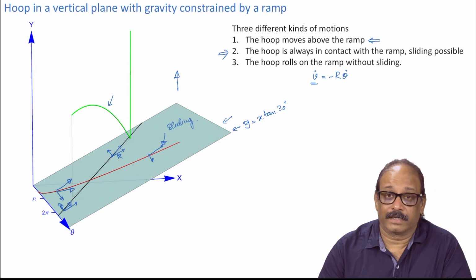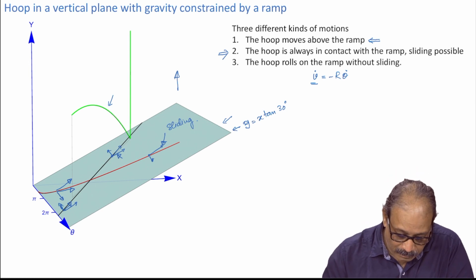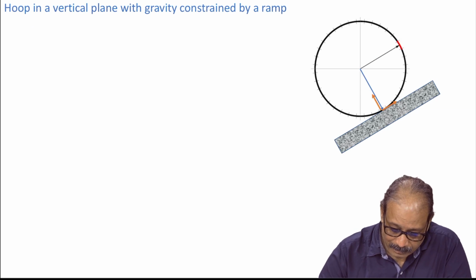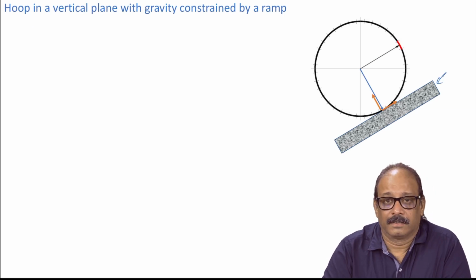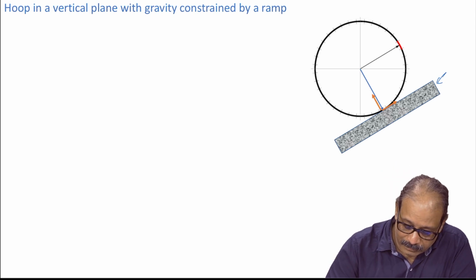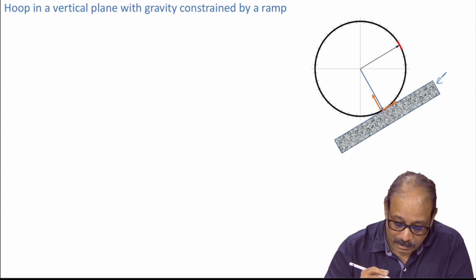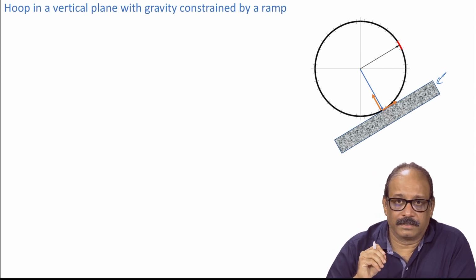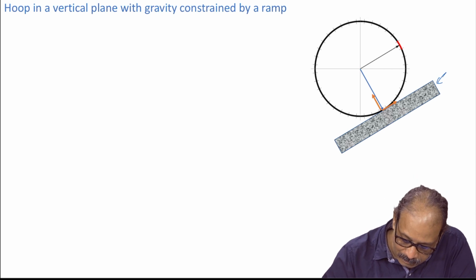Now, let us look at the forces. So, here I will show that ramp by some part of the ramp here, and you have all the n segments. Remember, the normal reaction and frictional force will only act at the point of contact here.